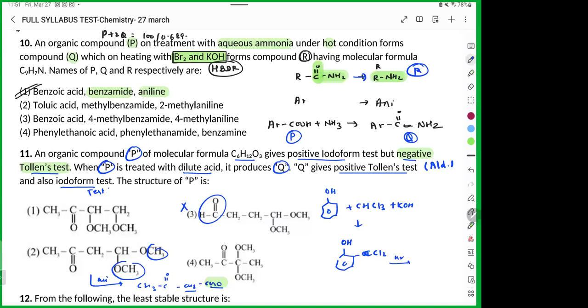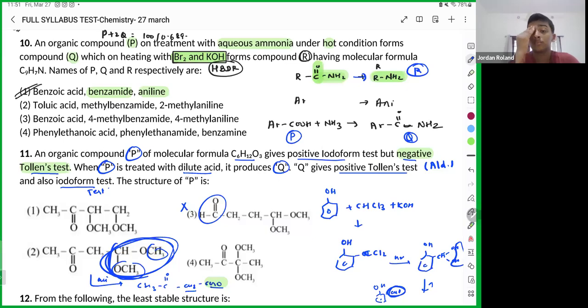When H2O is added, carbon with two OH will be formed. These two OH on heating will remove H2O and form salicylaldehyde, CHO. Almost the same reaction, a Reimer-Tiemann kind of reaction. Understood or not, guys? Yes, sir.